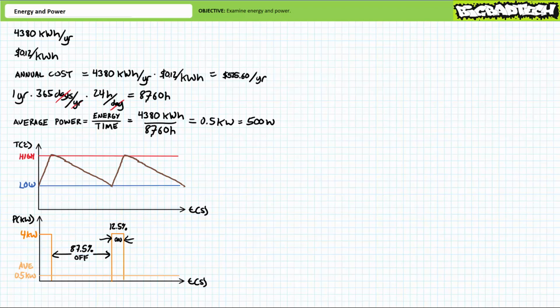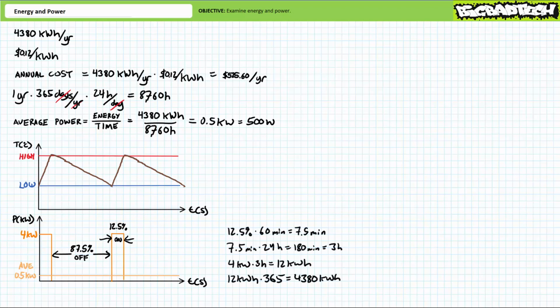What you'd experience over the day is regular bursts of 4 kilowatt power demand followed by an idle state. If you summate the on times for a 24-hour day, i.e. 24 times 7.5 minutes, or 180 minutes, or 3 hours, it means a 4 kilowatt device has been used for a total of 3 hours for a daily consumption of 4 kilowatts times 3 hours, or 12 kilowatt hours.